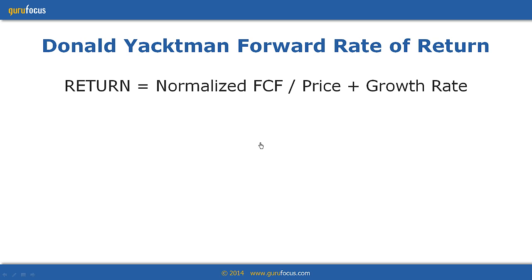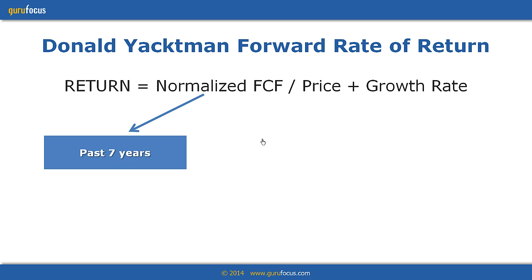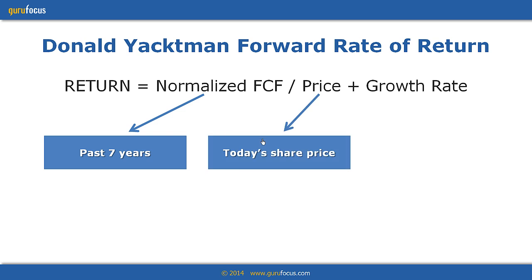But here's what it is. The normalized free cash flow. Okay, and what that is, he takes the last 7 years and averages that out. Now he also, in his formula, accounts for inflation. So it's already in there in the formula you're going to see. Divided by today's share price. All right, so that's going to give you what is it normally yielding, right?